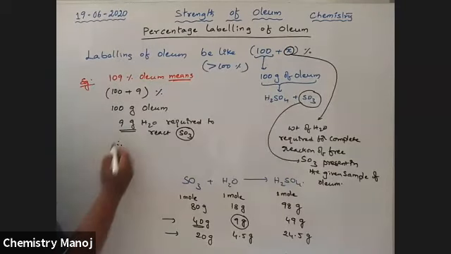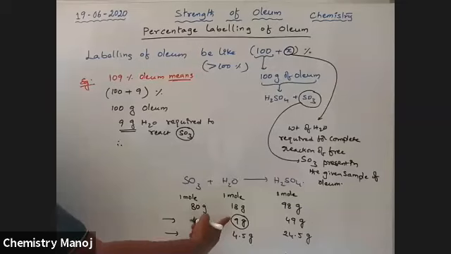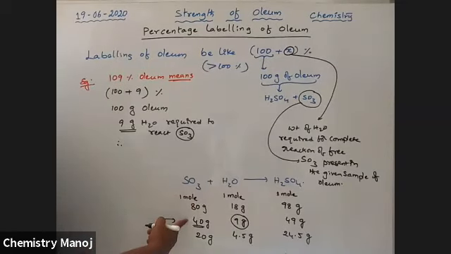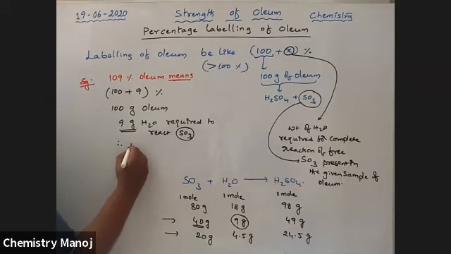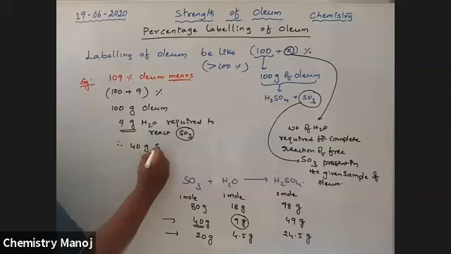From this 9 grams of water we can identify how much SO3 is there. That implies 40 grams SO3 is present.